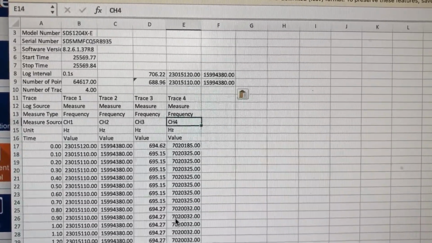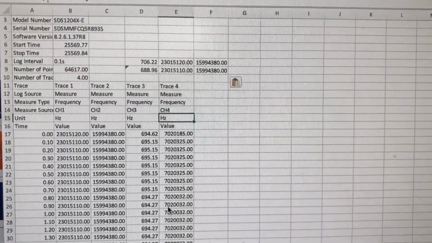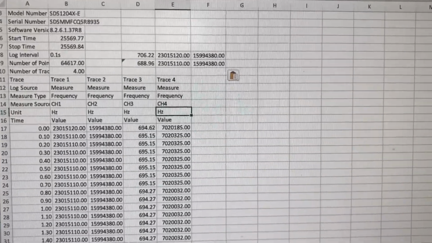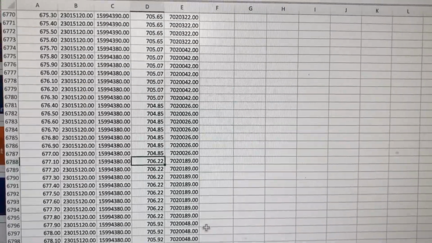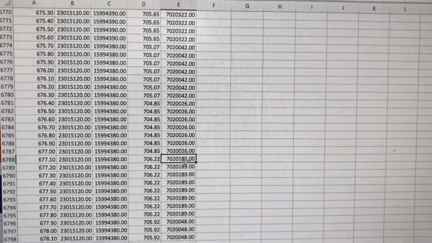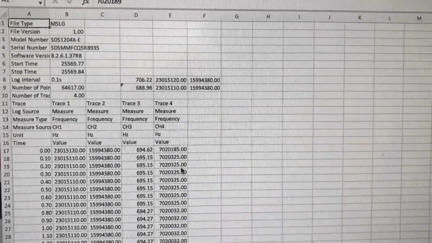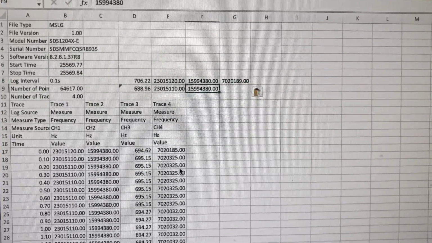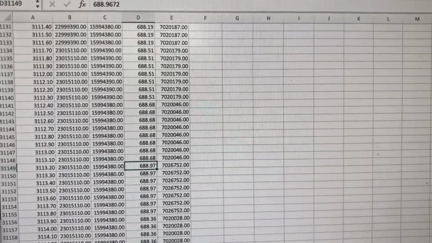Although I guess we could go find, and we probably should have looked at what that was at 706.22. I mean, there is some variation in the signal generator output. That signal's very noisy because it's such low level, I believe. And then 688.96.